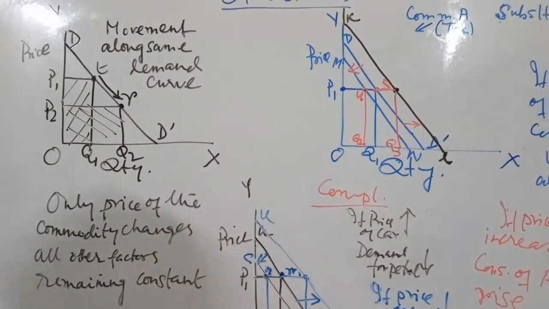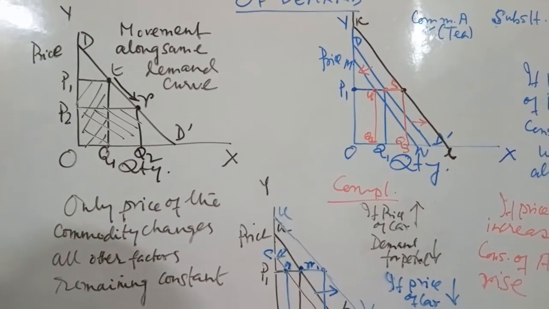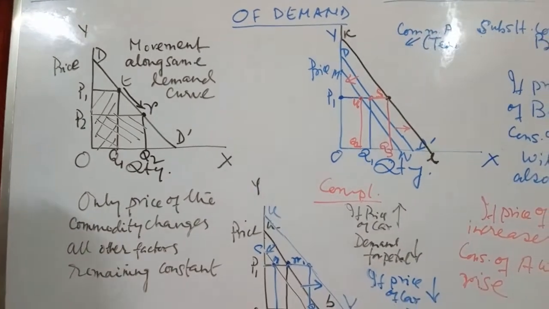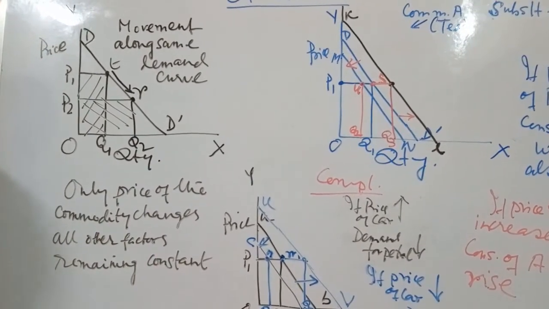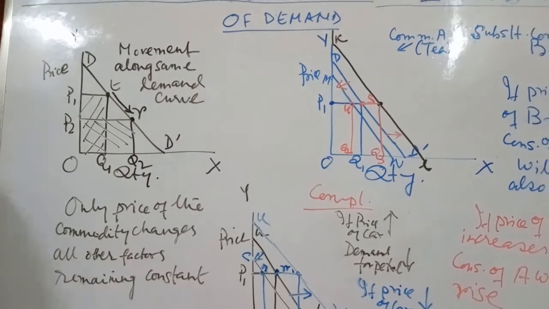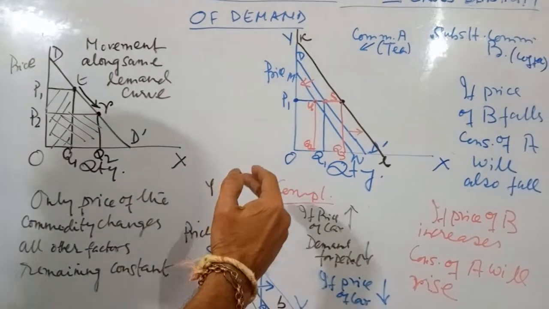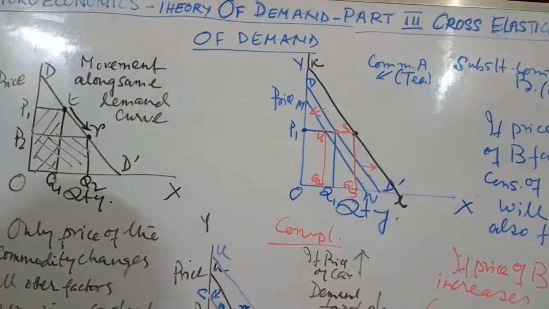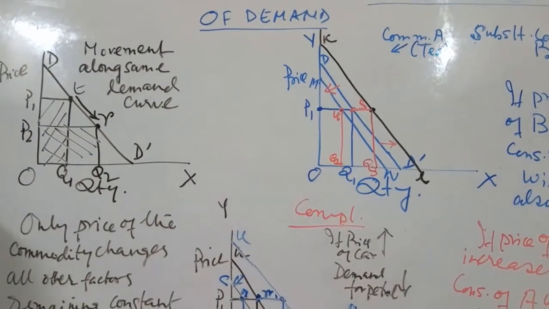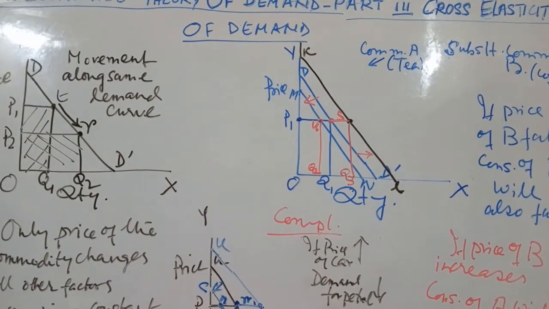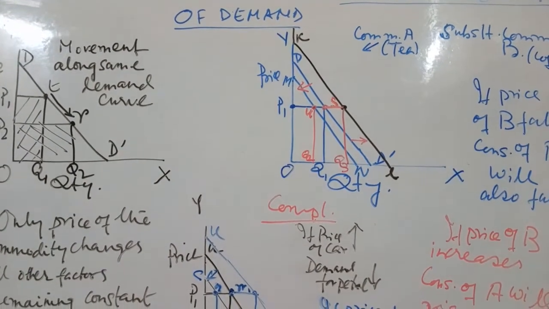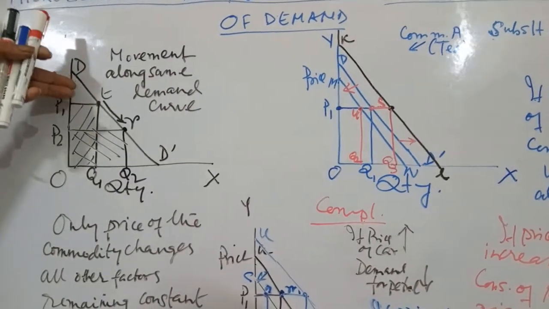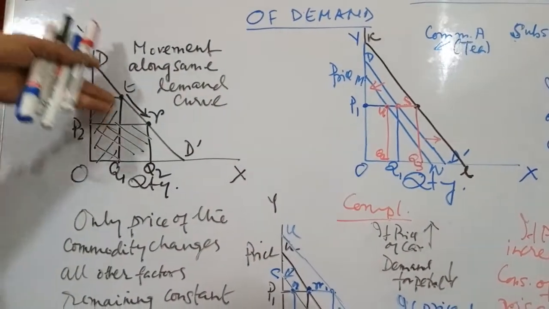And when the price of the commodity is held constant and prices of related commodities, either substitute or complementary, change, then the demand curve altogether shifts either rightward or leftward, and the movement of the consumer takes place in a different demand curve, unlike in these cases where the movement takes place on the same demand curve.